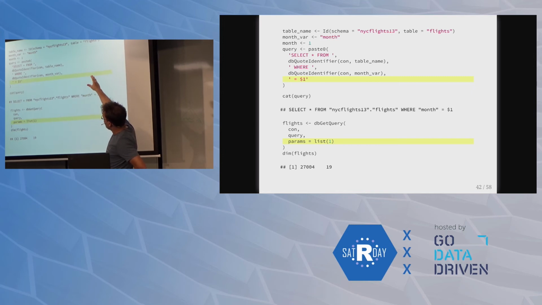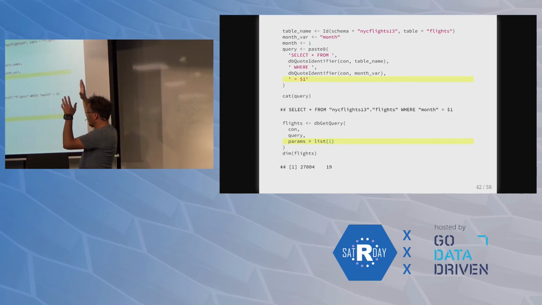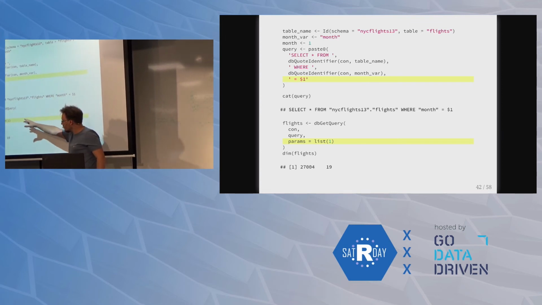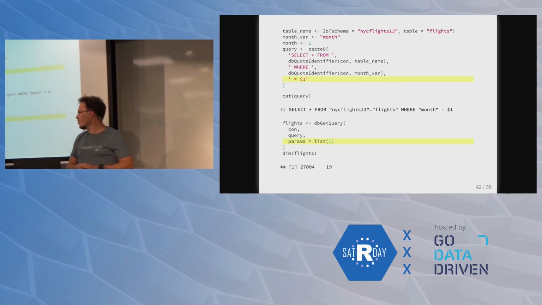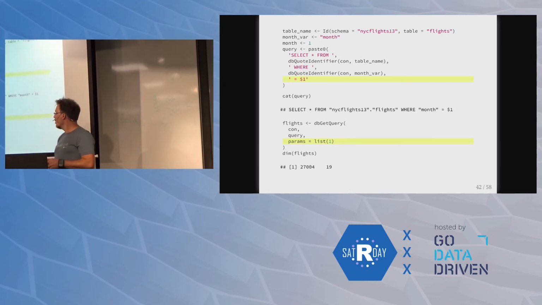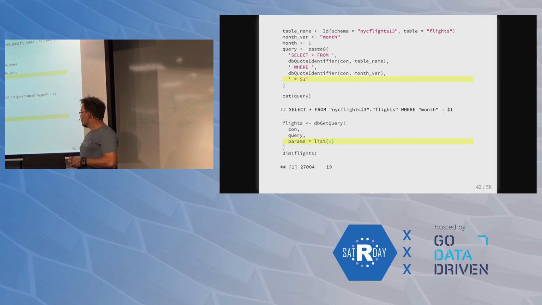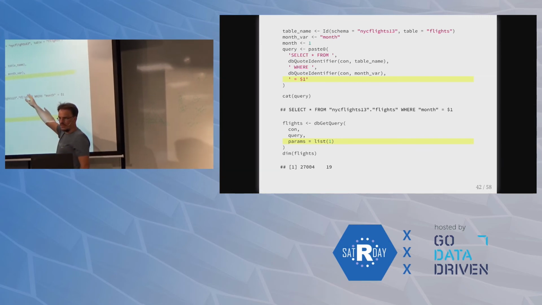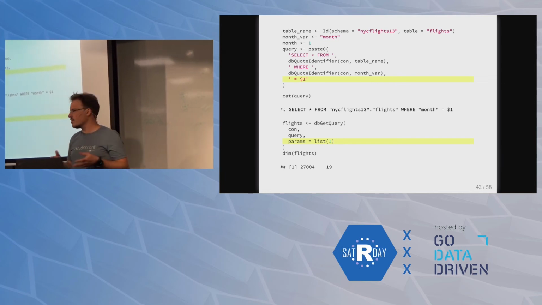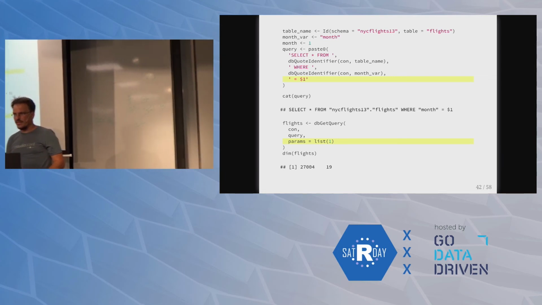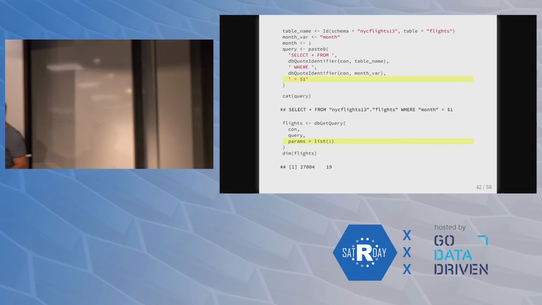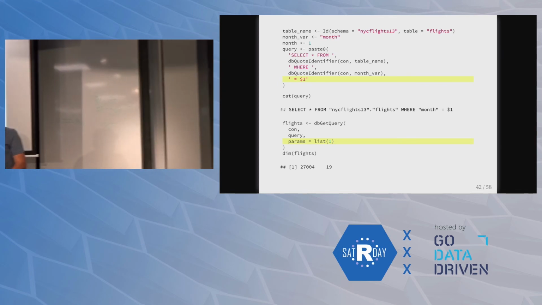If month and table name were constant here, you could use the same query with a $1 placeholder, which is then substituted with actual values when you run dbGetQuery using this optional parameter params that would pass the actual values to fill into these placeholders when this query is run. So the advantage is the database has a slightly easier time to handle these because it only needs to parse the query once. And it's easier to write, a bit safer.